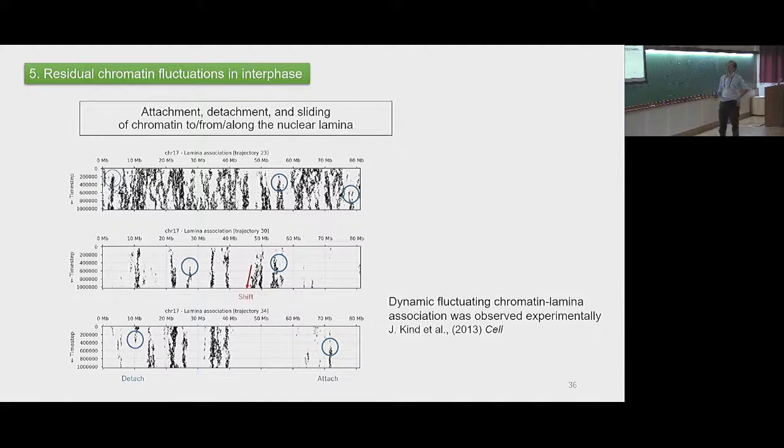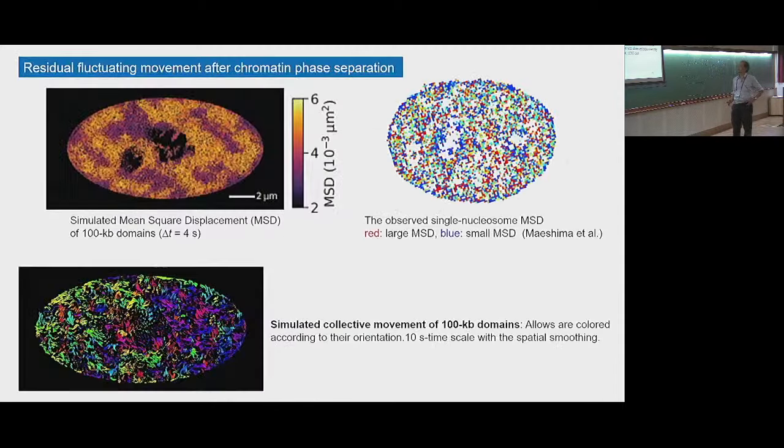So this shows the attachment, and then somehow the sliding of the chromatin along the nuclear lamina, and this is detachment. So that chromatin lamina association is very dynamically fluctuating, and it can be observed through single cell measurement.